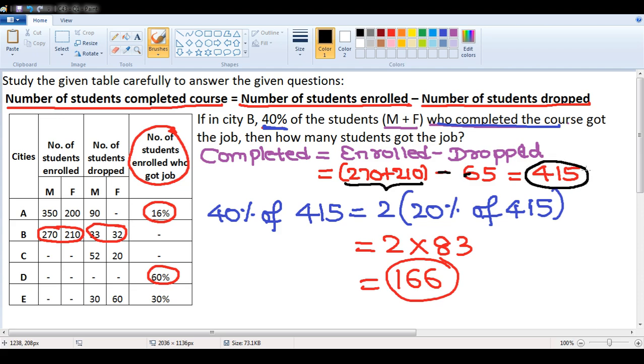Remaining people have completed. People who got the job is 40% of completed. Yes, 2 by 5th of 415 also will give you the same value, sir. Multiple ways of solving. Now see the second question. Very good question.